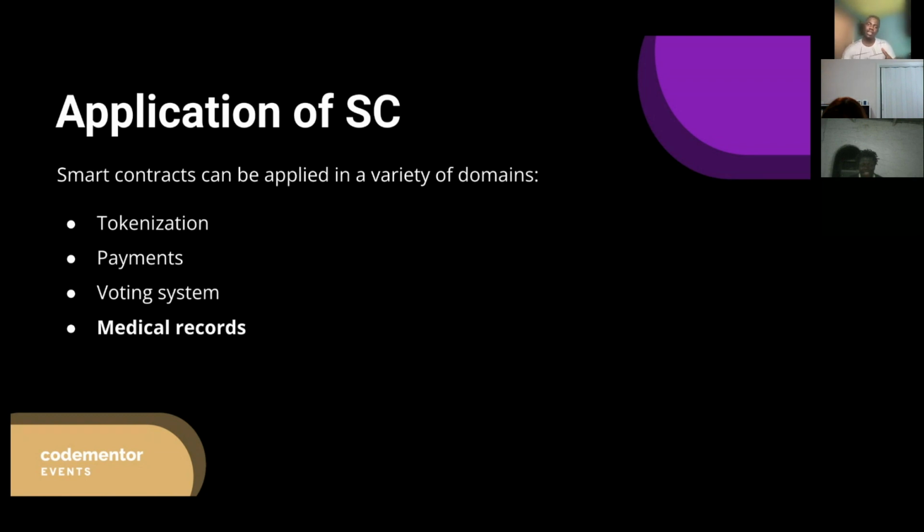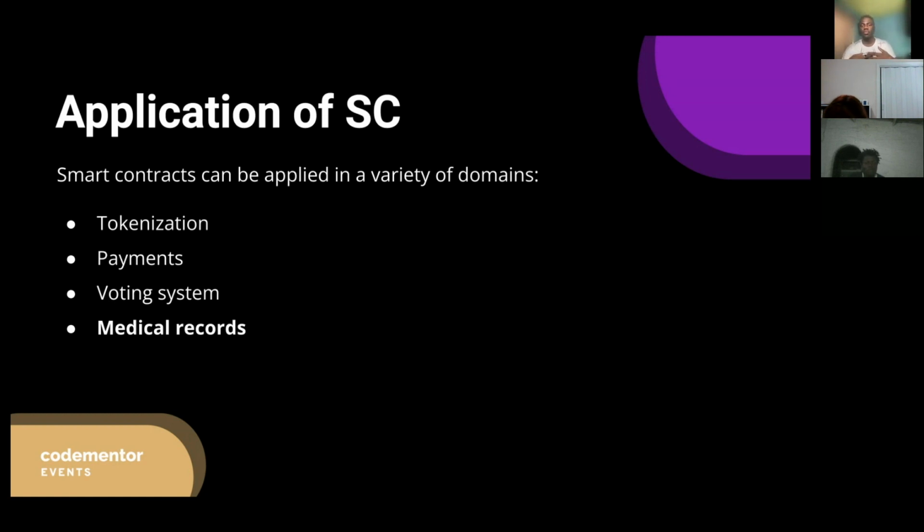The fourth use case for smart contracts is in medical records. There's been a progressive approach to how the blockchain space is improving the healthcare sector. And we have telemedicine and of course medical records. With smart contracts, you can secure and make storage of medical records immutable with controlled access.